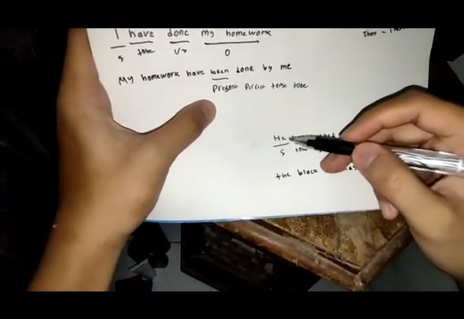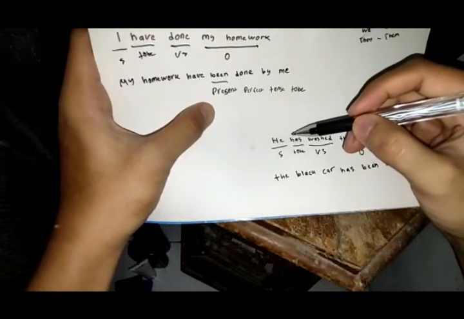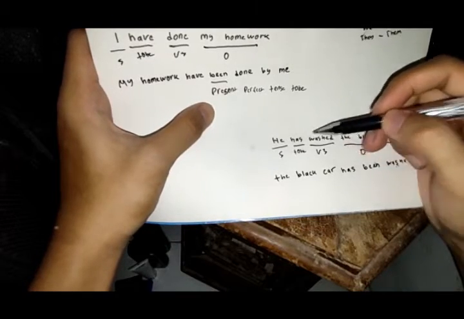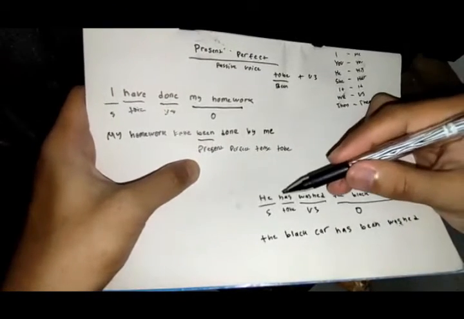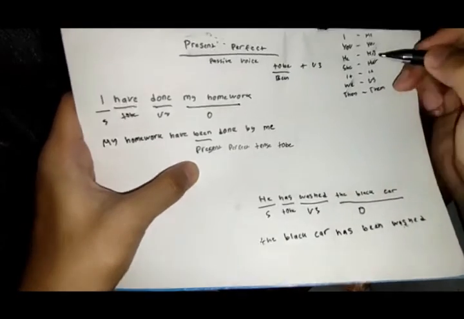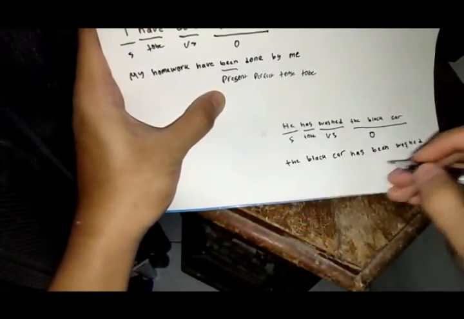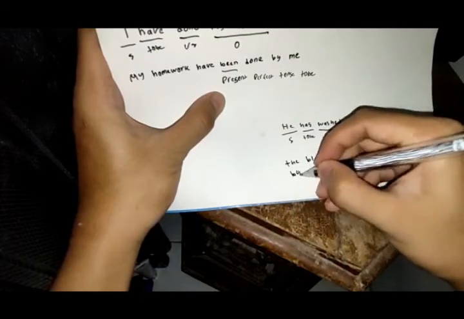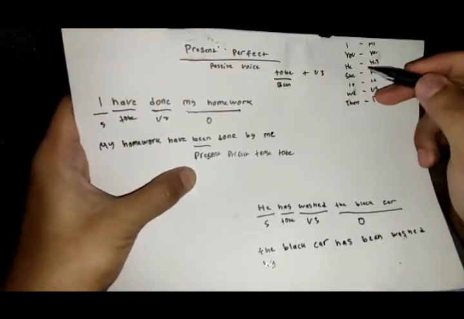In here you can see he. He is a pronoun object. So the pronoun object of he is his, and we put by his.